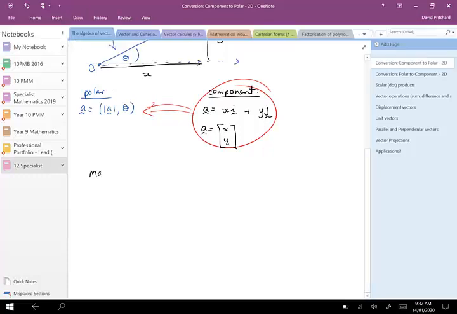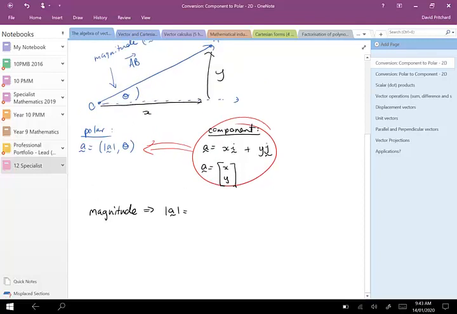The magnitude can be calculated using Pythagoras' theorem because these are perpendicular displacements. So essentially we're looking at the magnitude squared is equal to x squared plus y squared. When we rearrange and isolate for the magnitude, we end up with the square root of x squared plus y squared. Okay, so calculating the magnitude is as simple as that.